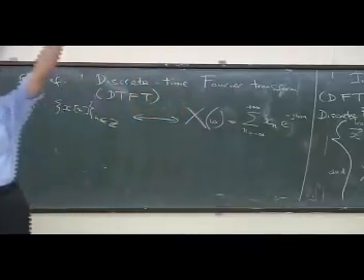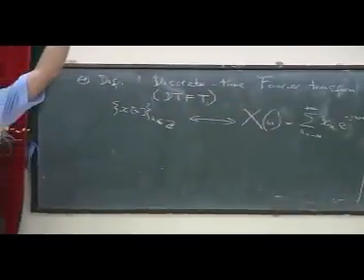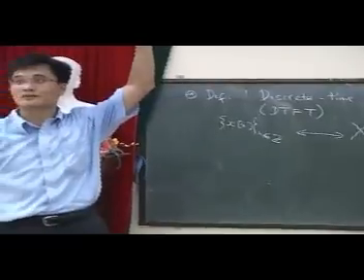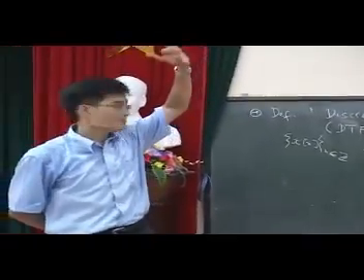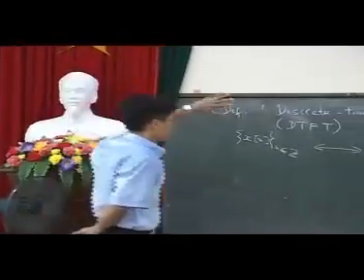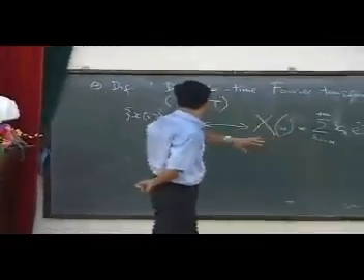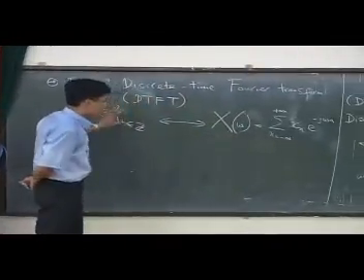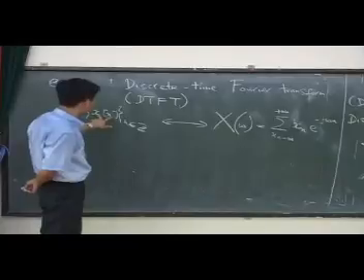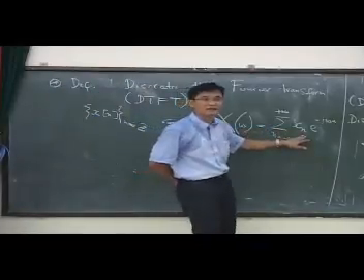Who has seen this formula before? No? That's a new formula. But can you see that? Okay. I might use a mixed notation. Sometimes I use x[n] here, the same thing, right?